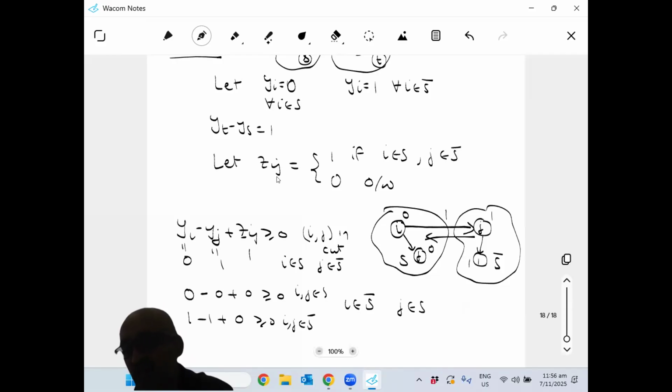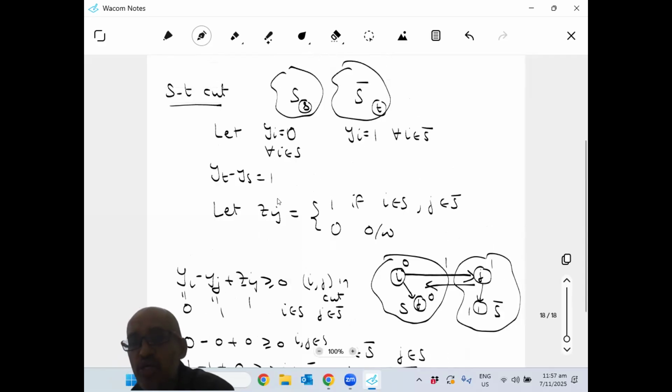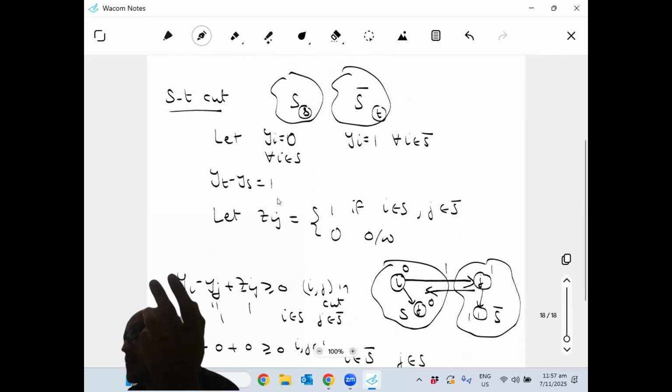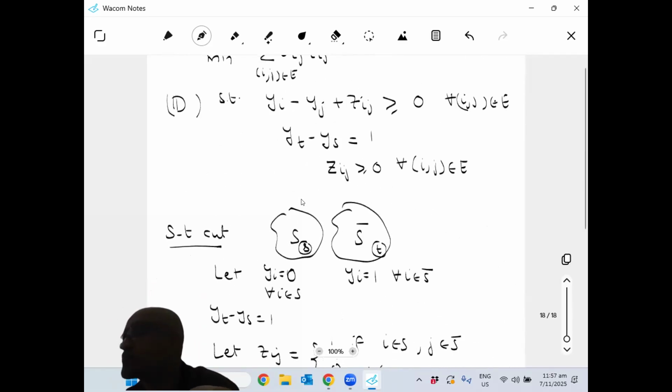The last case is if i is in S bar and j is in S. If this happens, yi will be 1, yj will be 0, and zij will be 0. This is clearly non-negative. So every ST cut, if I code it using binary variables, is a feasible solution for this problem.